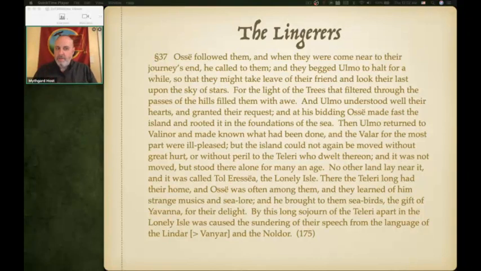But this is a very small instance, a tiny little ripple of this other impulse, which is, I don't want to say at war with his mythic impulse, because it implies that they're just totally incompatible, which is not true at all. But this impulse is often going to be at odds with his mythic impulse.